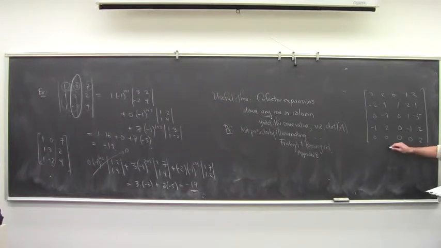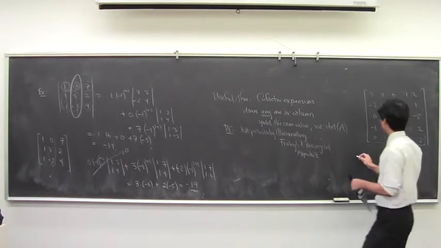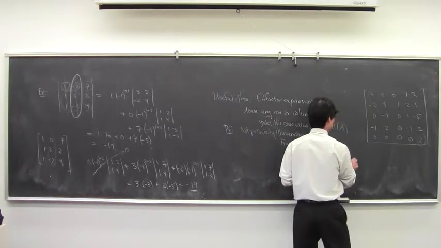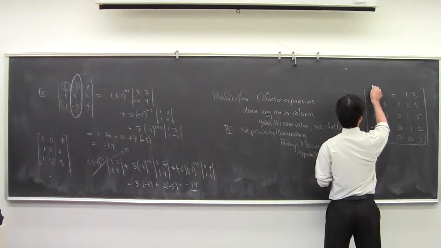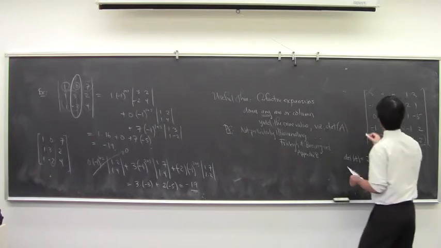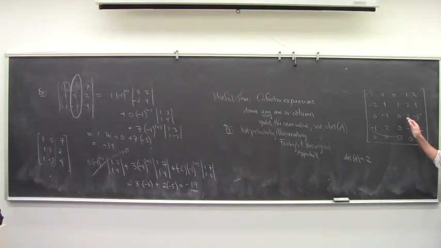But using this fact, you say, okay, I'm going to expand along this row. So I get 2, so the determinant then is going to be 2 times the determinant of this guy. And then you say, well, how am I going to calculate the determinant of this? Well, clearly I'm going to use this column.